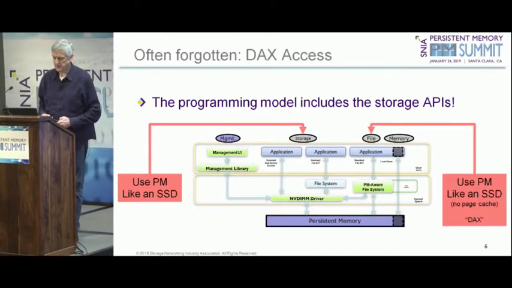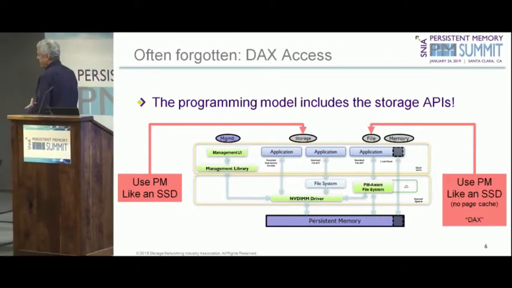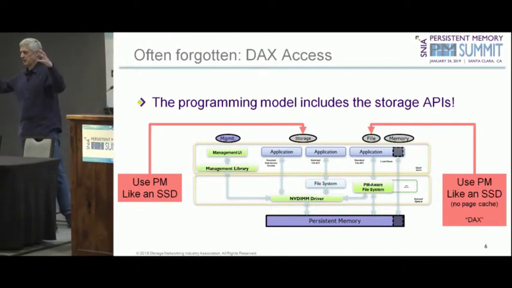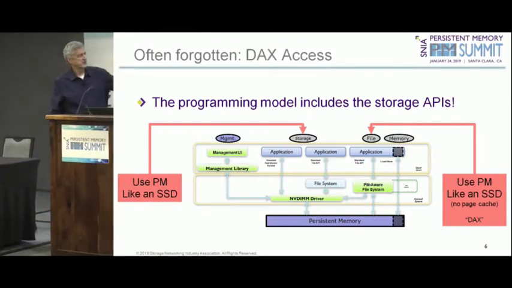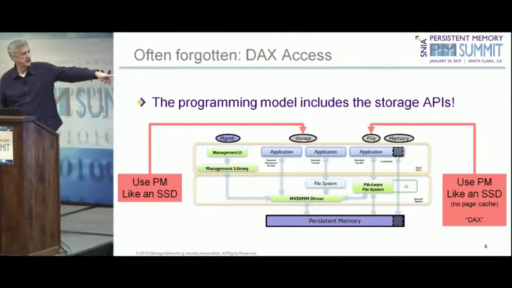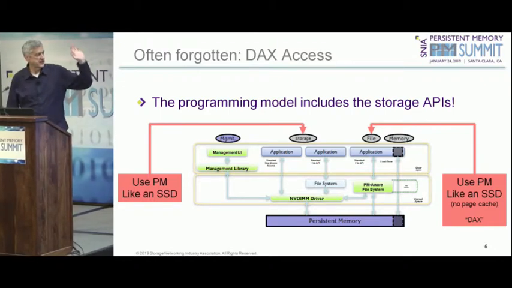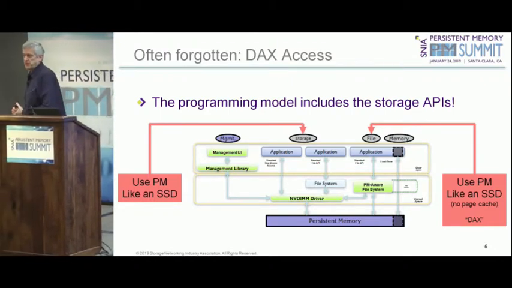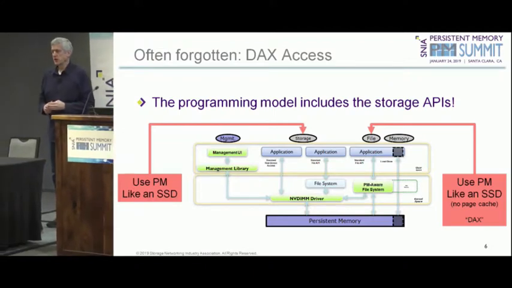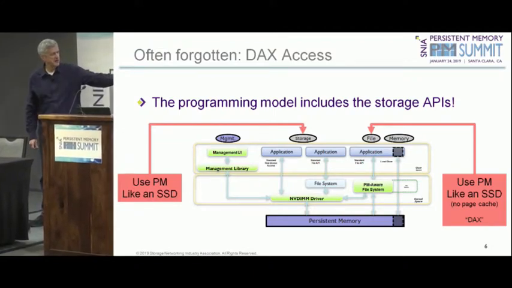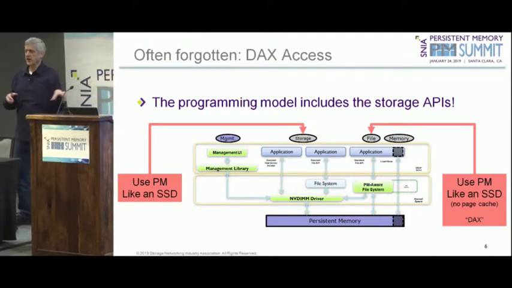Now, what about this other place where I use the word standard? It is also the same storage interfaces, right? Open, close, read, write, all the normal things, except on the right, this is where you get that DAX-enabled file system path, and it's the same. It just doesn't use any page caching. So if you have an application where you say, well, this direct access storage is so fast, I don't want it cached in DRAM.